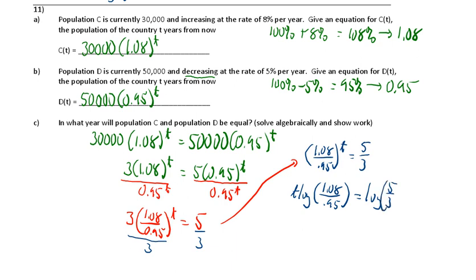Divide both sides by the log of the first fraction, and here's what we get. The log of 5/3 divided by the log of 1.08 over 0.95.